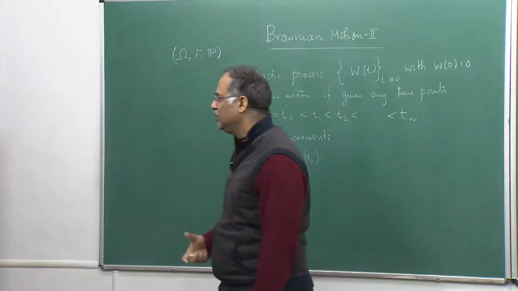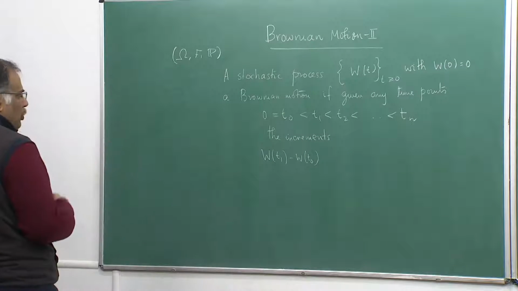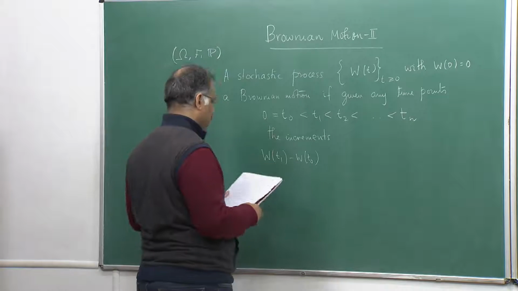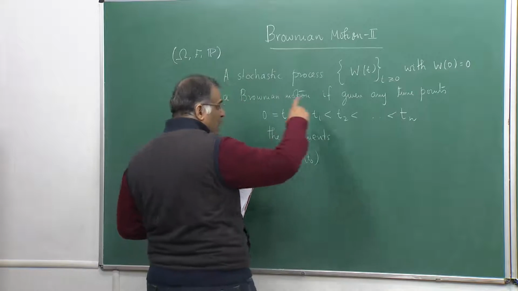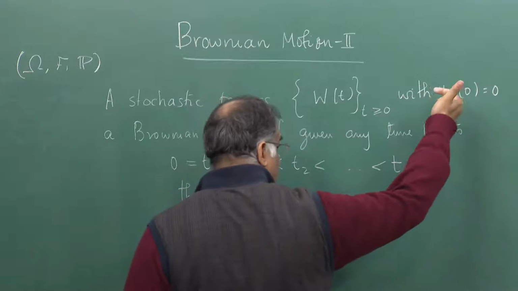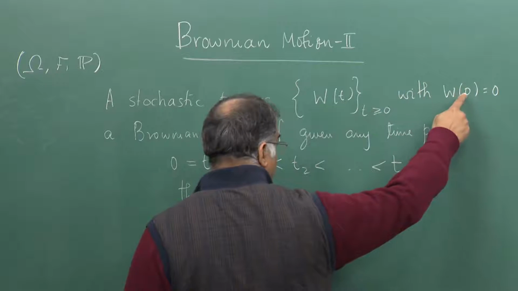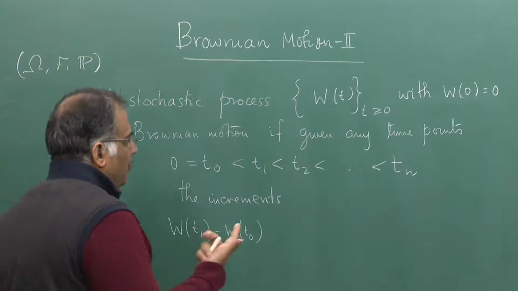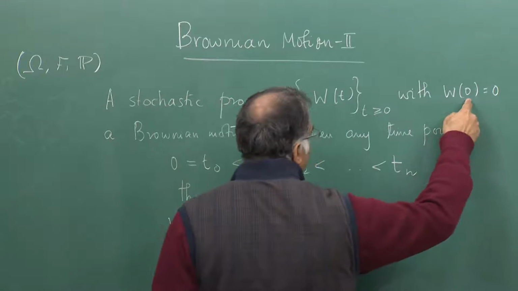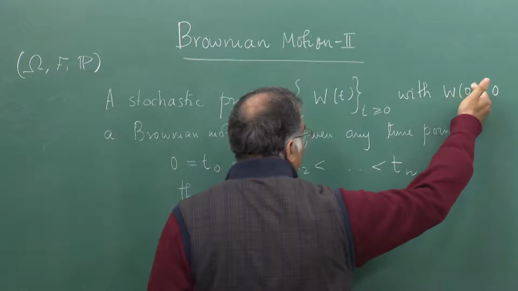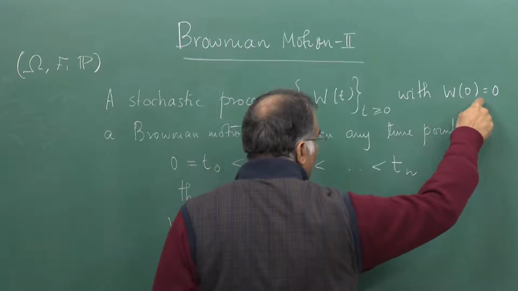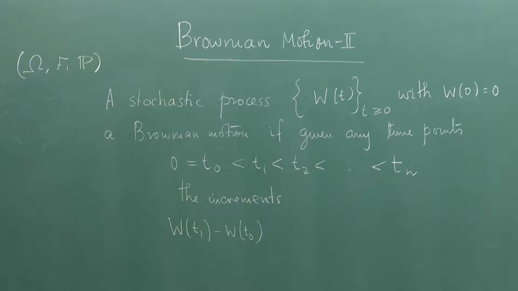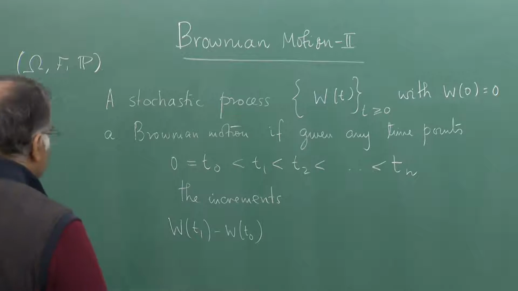It does not matter whatever be your scenario omega, W0 is always 0. So, it is identically a 0 function. W0 itself is a function, please remember it is a random variable. Whatever be the scenario omega, W of 0 would always be 0. That is the meaning of the whole thing.